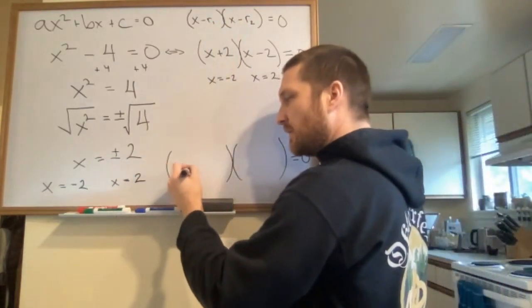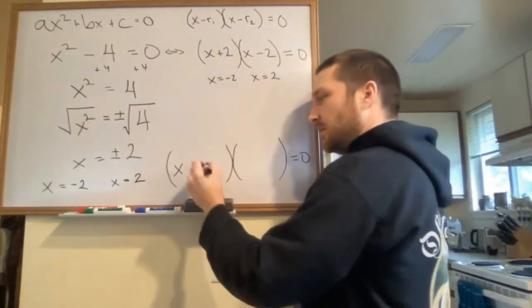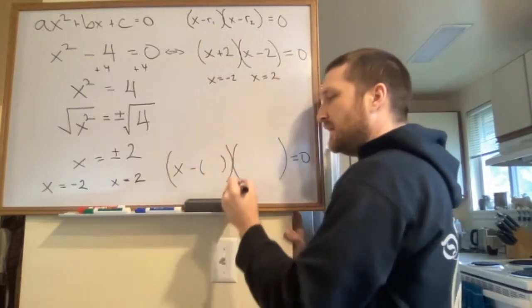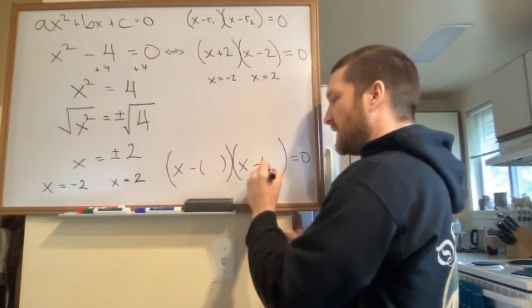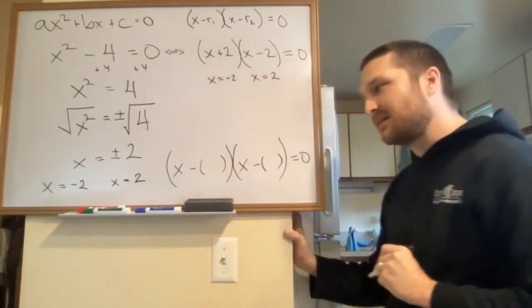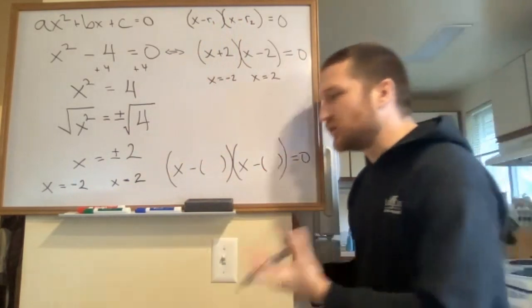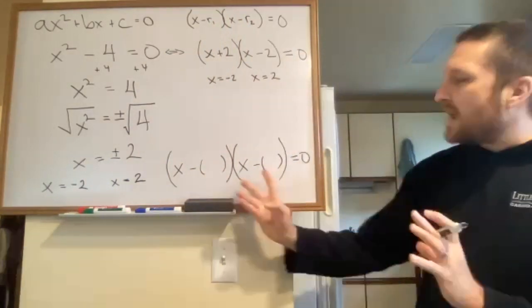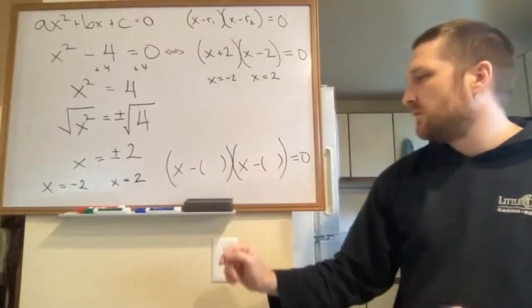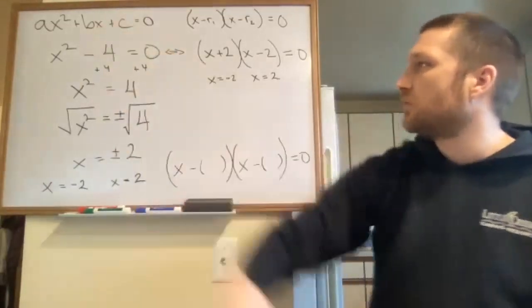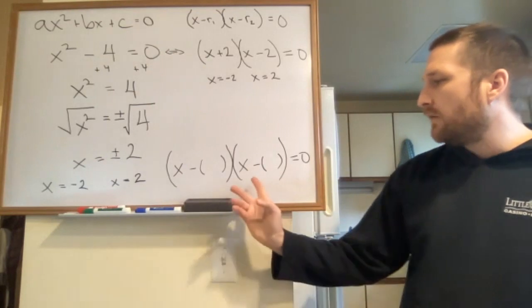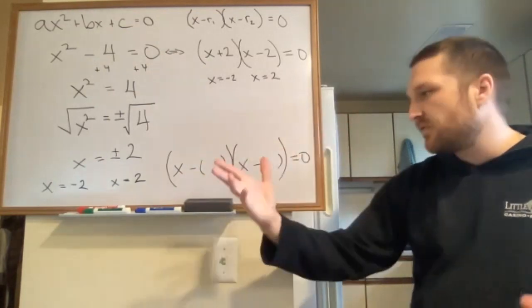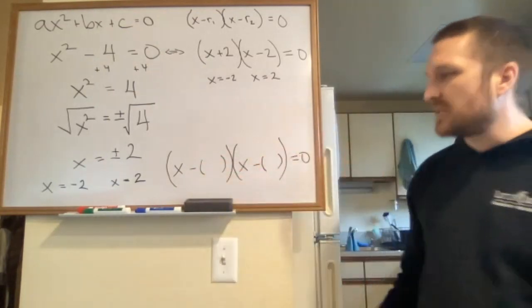We could say x minus, watch what I'm going to do, parentheses. These parentheses are going to be your best friends. You'll see why in a little bit. Right now, it's kind of trivial, but if you write this and say, okay, I have two roots, therefore I could reconstruct the original polynomial by writing it as x minus whatever the first root is, x minus whatever the second root is.